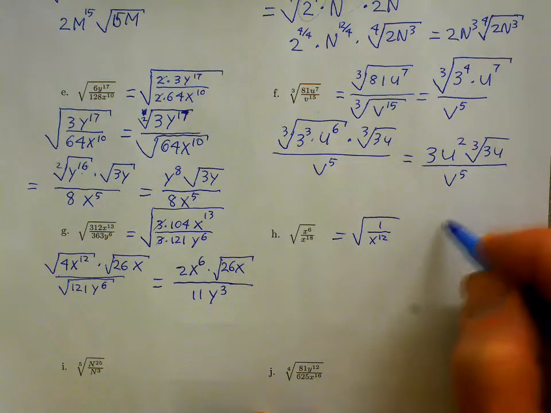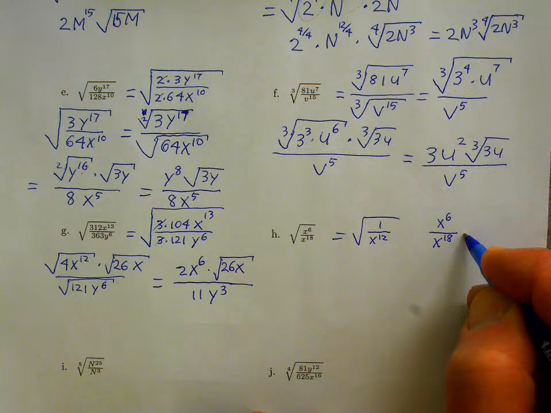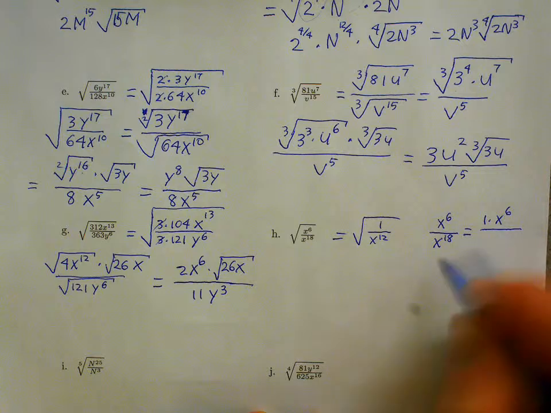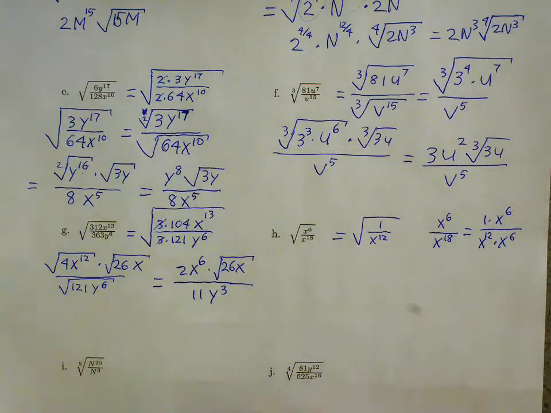So as an aside, if you look at x to the 6th and x to the 18th, the largest common factor is x to the 6th. X to the 18th is x to the 12th times x to the 6th. And then x to the 6th divided by x to the 6th cancels.